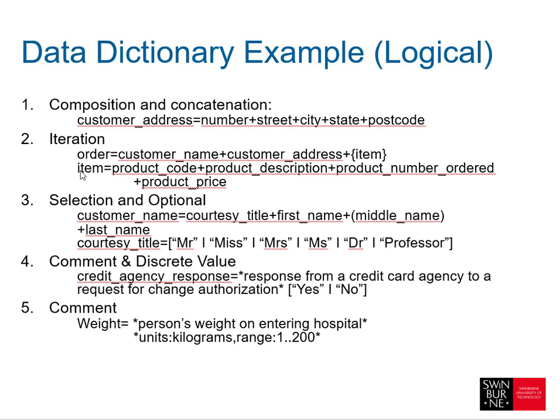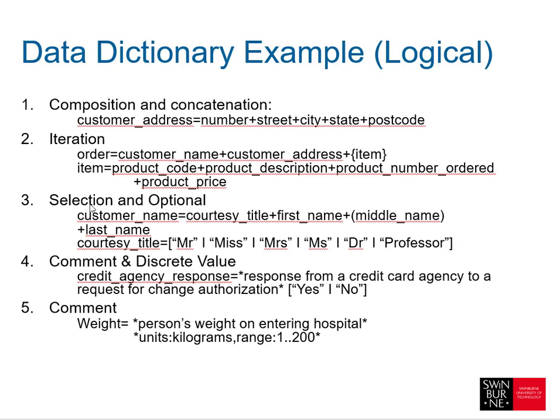So item consists of product code, product description, product number ordered, and product price. That will actually repeat for all items in that order. That is what we mean by these curly braces.